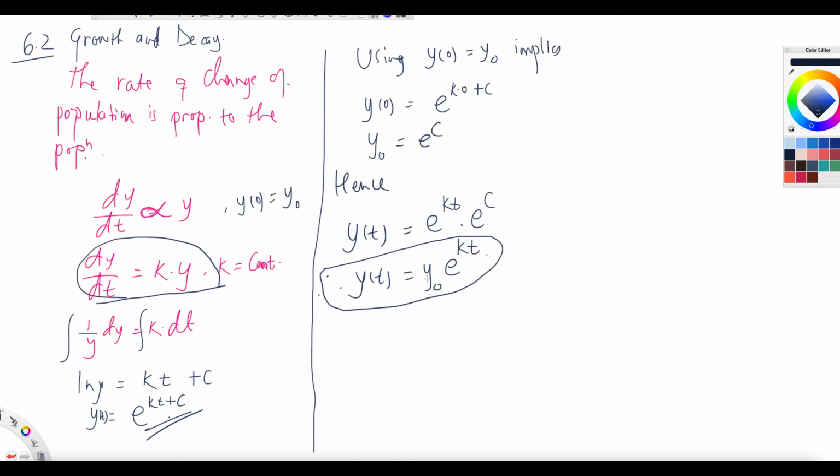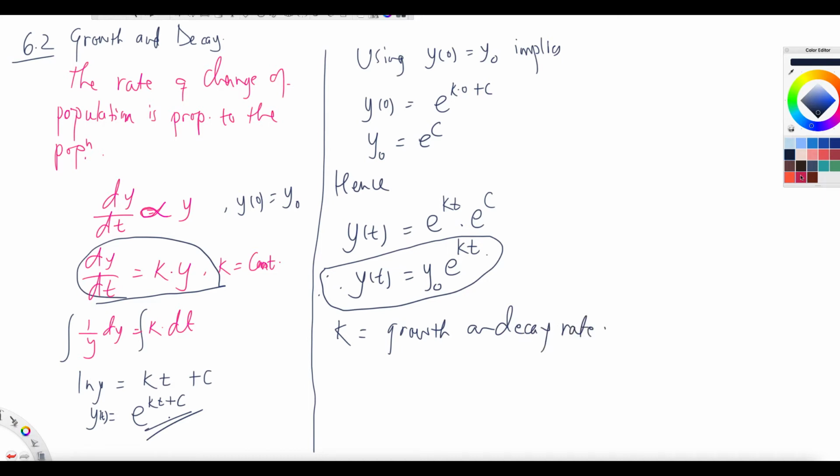Here y0 is the initial population, and k is the constant of proportionality, which we call the growth rate or decay rate. What does that mean?